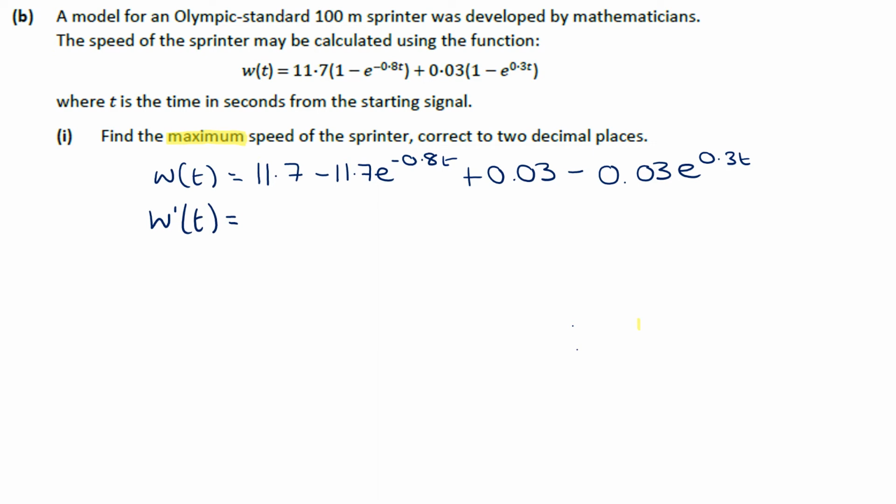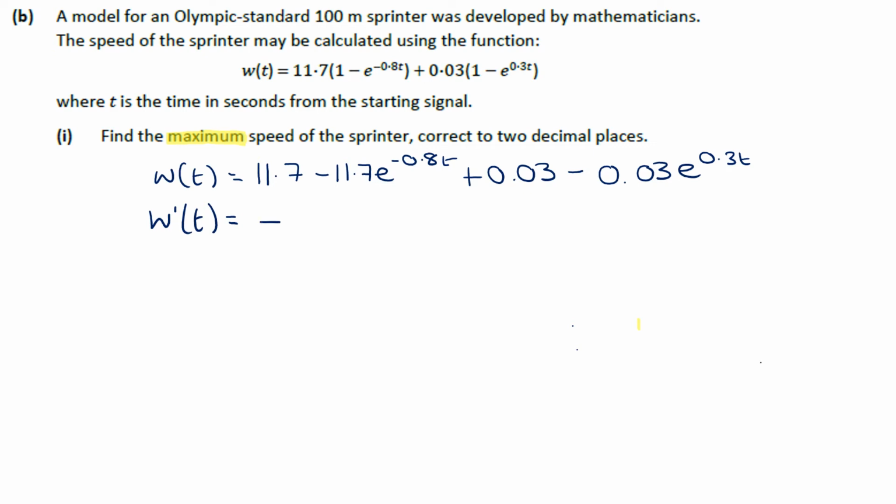So any constants are going to disappear. So the 11.7 and 0.03, when we differentiate a number on its own, it goes to 0. Anytime we differentiate e, you can go to your log tables and look up the rules of differentiation. This is e to the power of ax, so there's something in front of the x, or in this case the t.